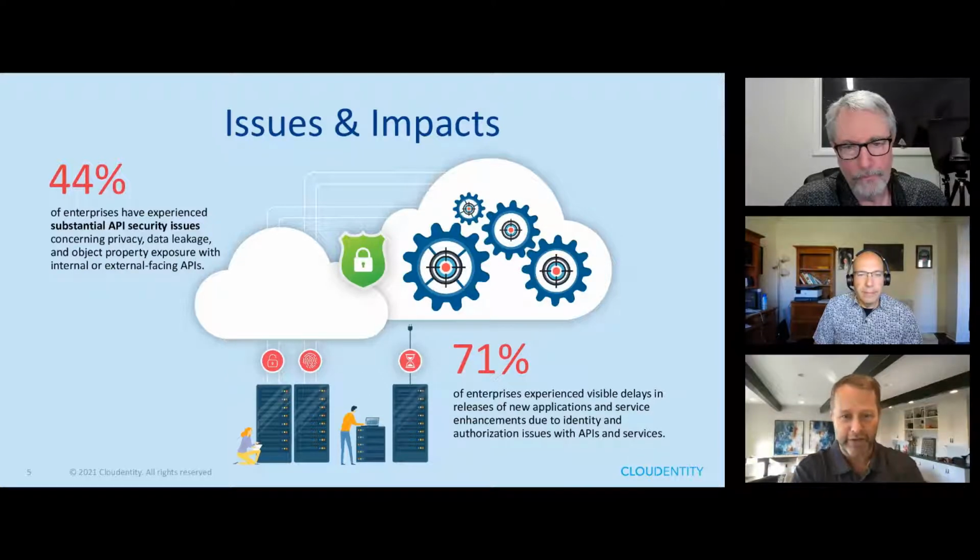I'd love to talk about this delay factor too, the 71%, before we move on. I'll keep the comments short: I think the journey begins for a lot of organizations pretty simply around trying to do some enablement.